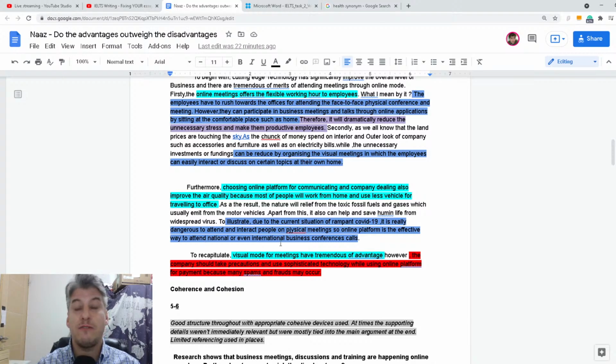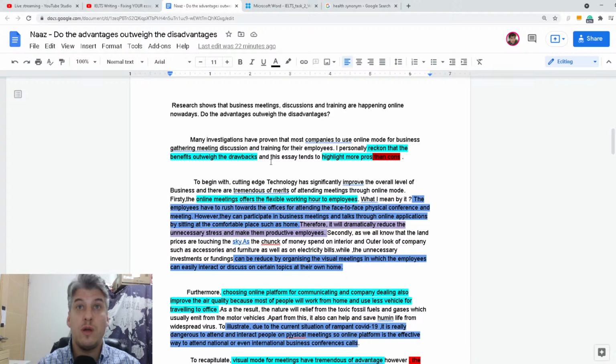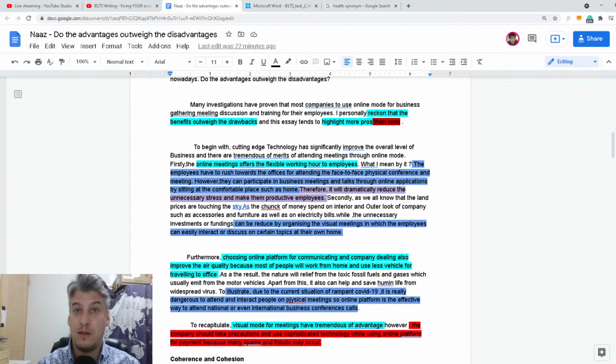And later on in that body paragraph, he talks about the current pandemic and how being able to use this platform or these services means that people can do social distancing, basically. That's what he's saying in so many words in this part here. So far in body paragraph 1 and body paragraph 2, he's focused on the benefits, which is really matching up to his thesis.